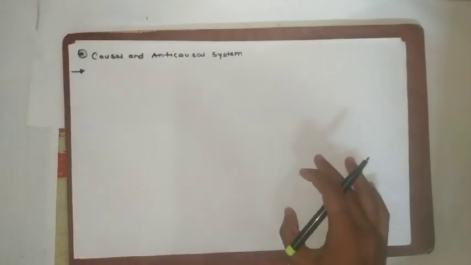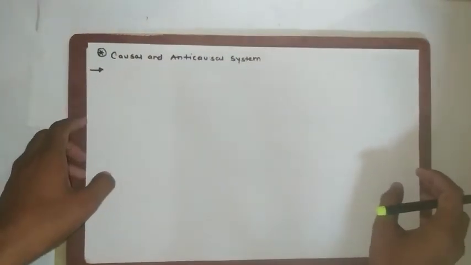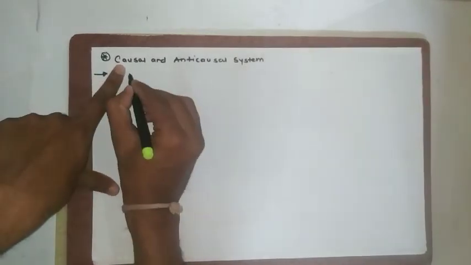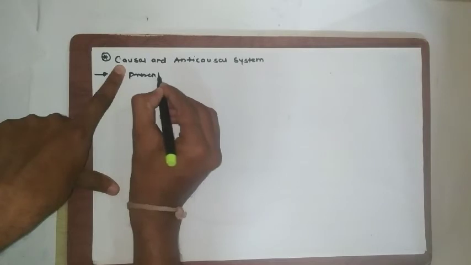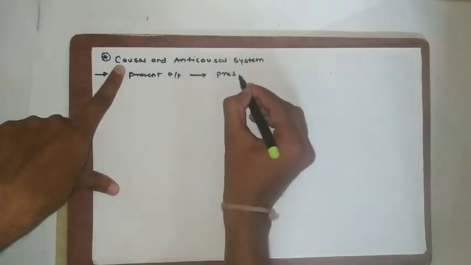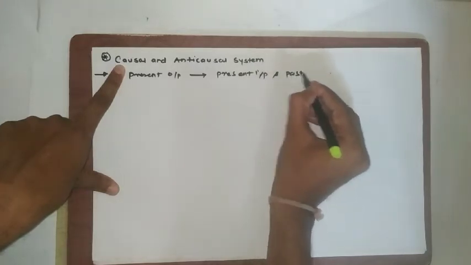Now let us see this one. We have the second set of systems as causal and anti-causal. How can you define a causal system? A system is said to be causal if the present output depends on the present input and past values.